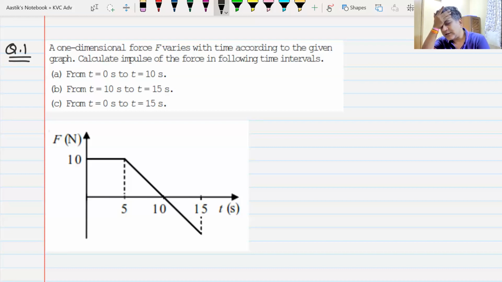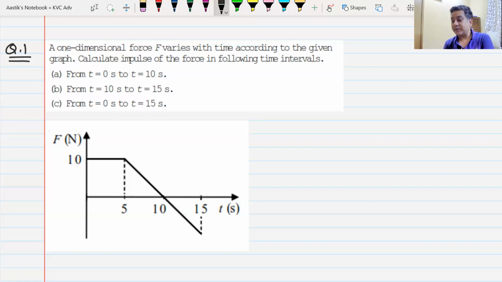What are you calculating? Are you calculating force or are you calculating impulse? I am calculating impulse, sir.